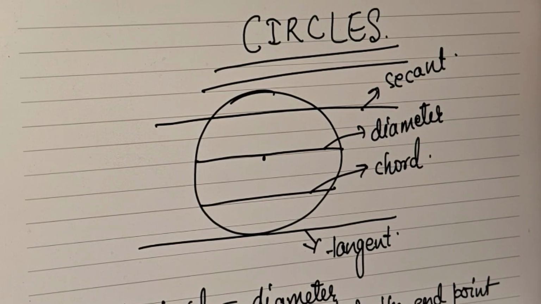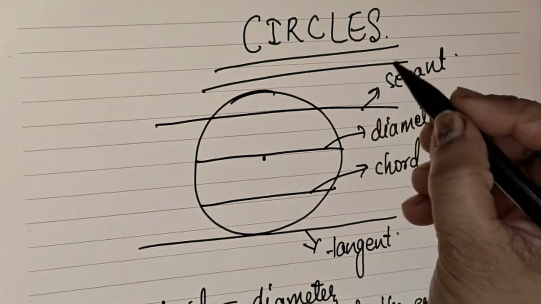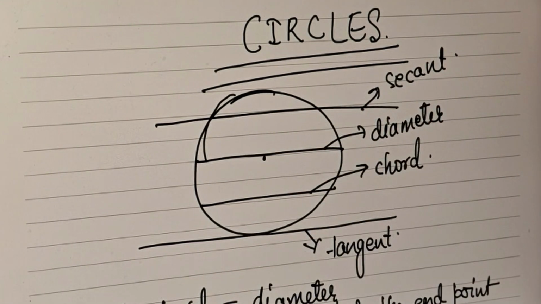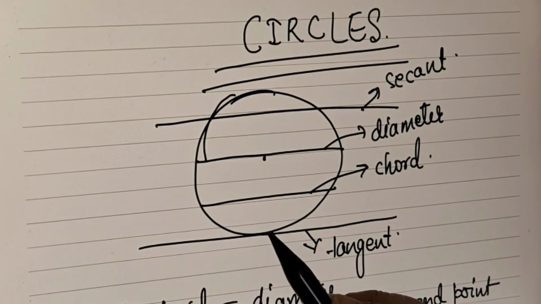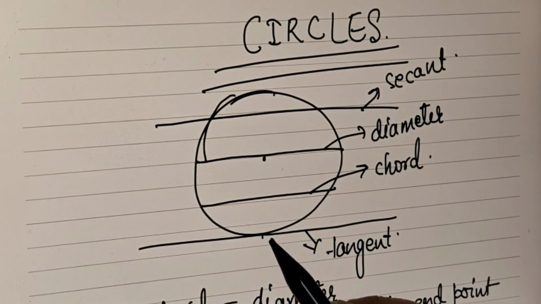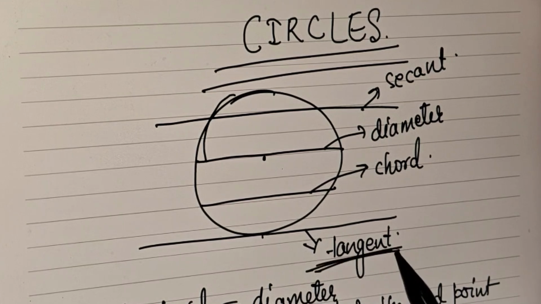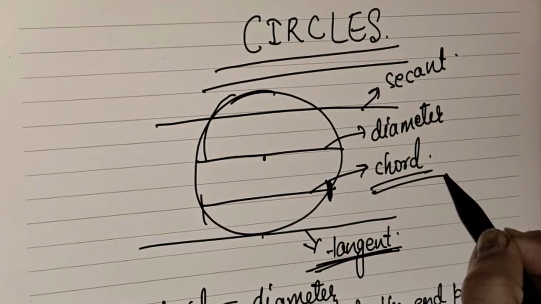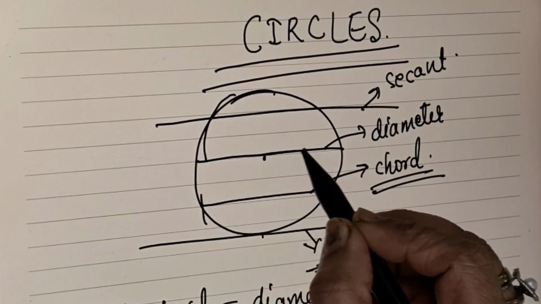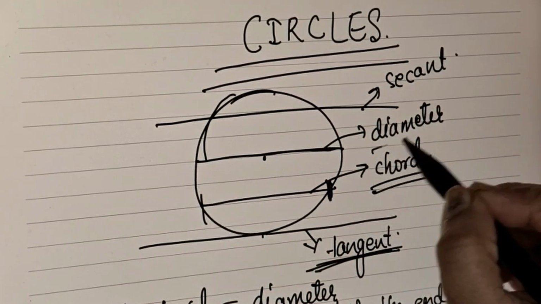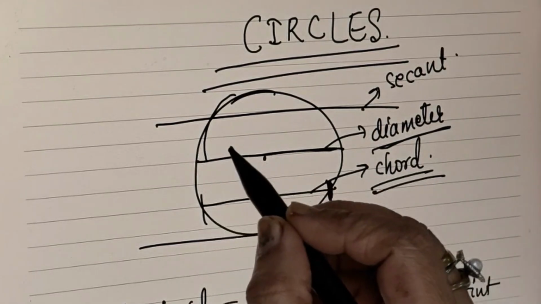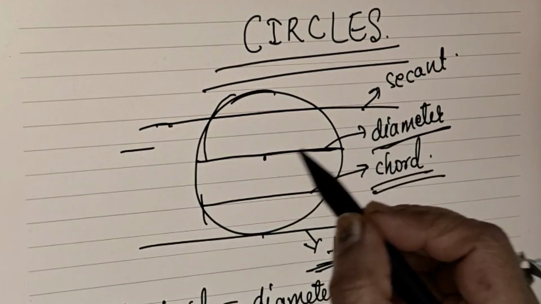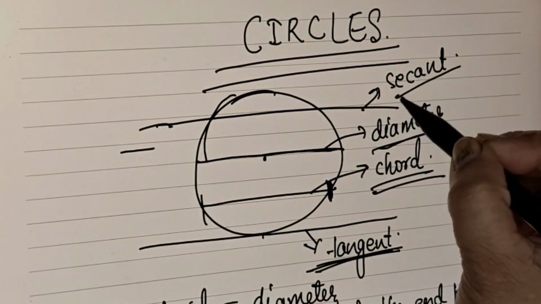Shall we start? Now in circles, you are seeing that in the circle I made some lines. This line which touches at one point outside is called the tangent, a line which touches the end points of the circle is called the chord, a line which goes through the center is called the diameter, and a line which goes out of the circle, meaning it is not touching, it is going out of the circle, is called the secant.